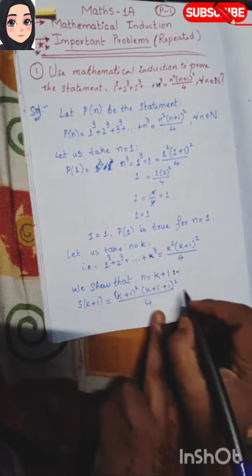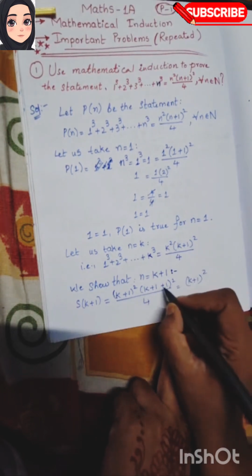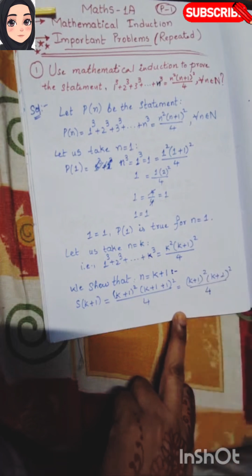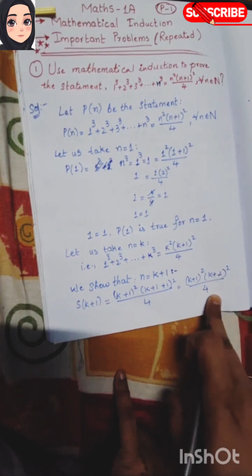Writing the right side here, that is (k plus 1) whole square into (k plus 2) whole square by 4.